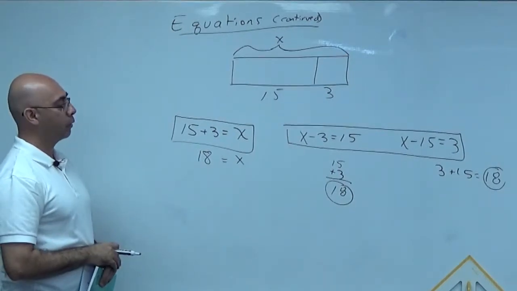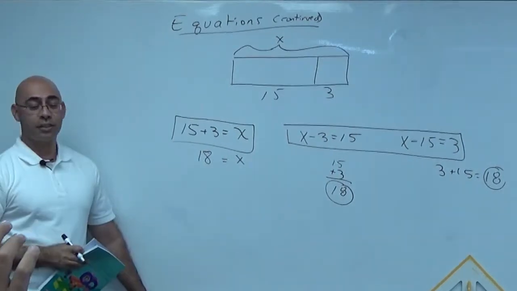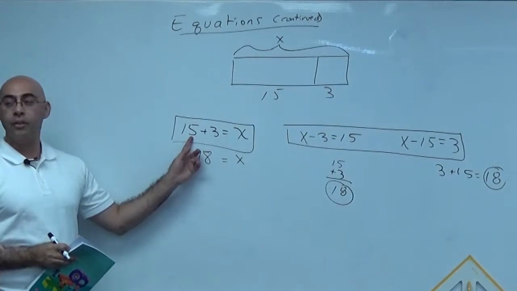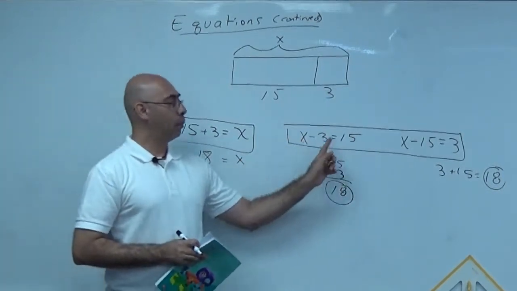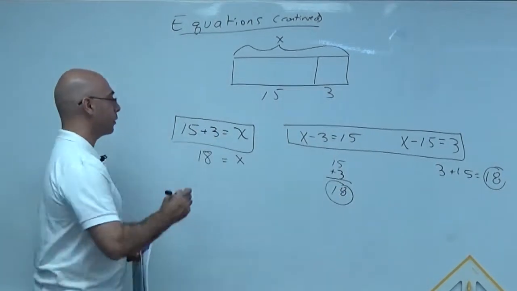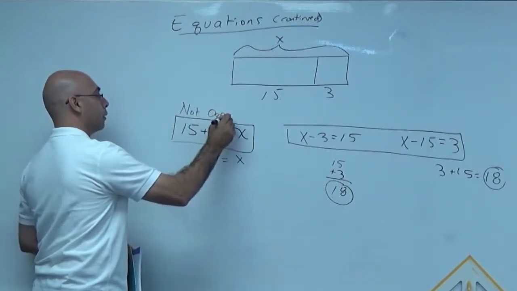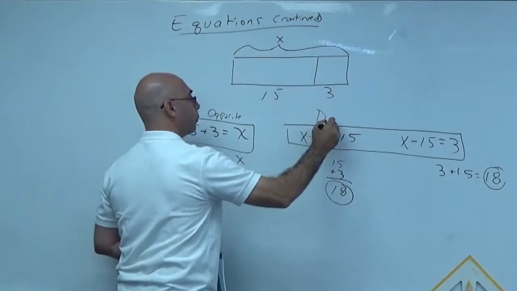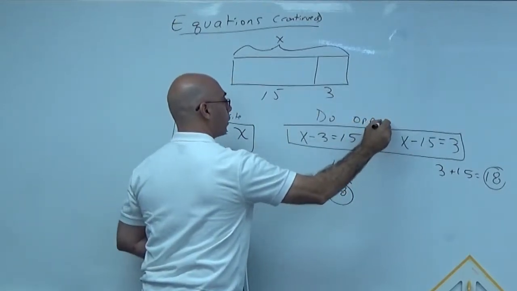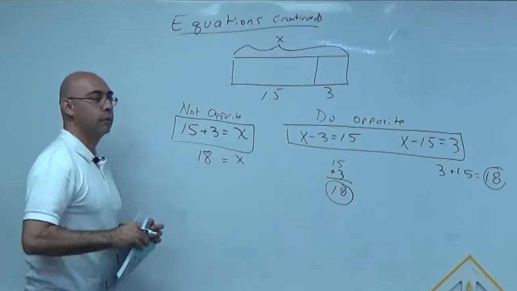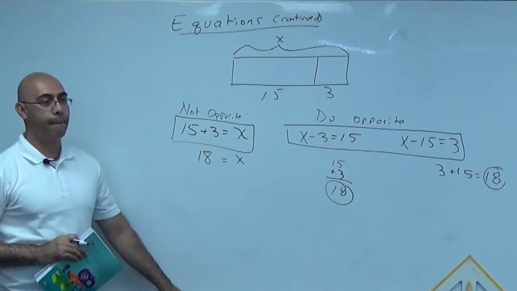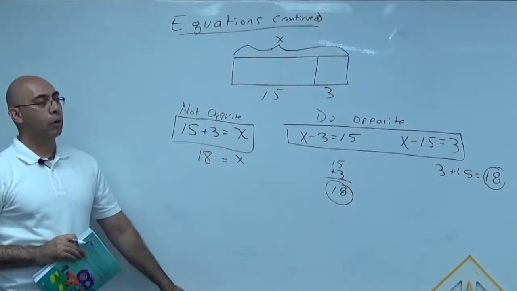Because the x is a total. But my question is this. Why do I not do the opposite here, but I do the opposite here? Yes. It's backwards. It's like turned around.